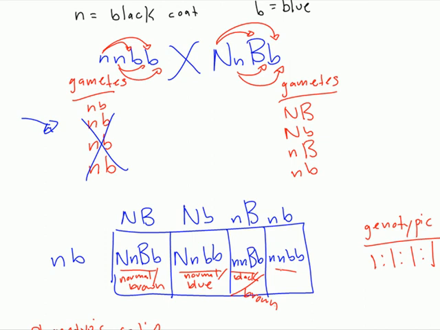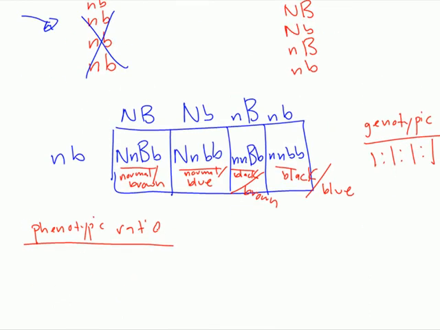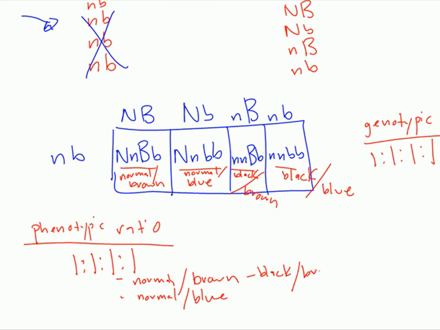And this one is going to be black and blue. The phenotypic ratio is also 1 to 1 to 1 to 1, just like the genotypic ratio. The potential phenotypes are normal and brown, normal and blue, black and brown, and black and blue.